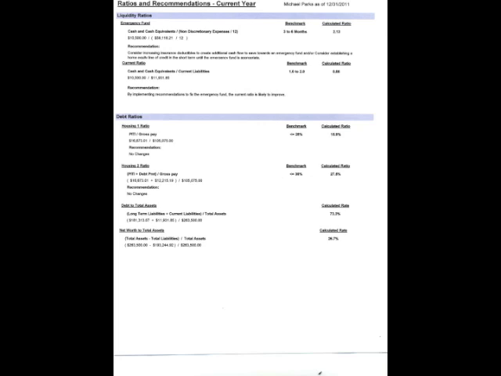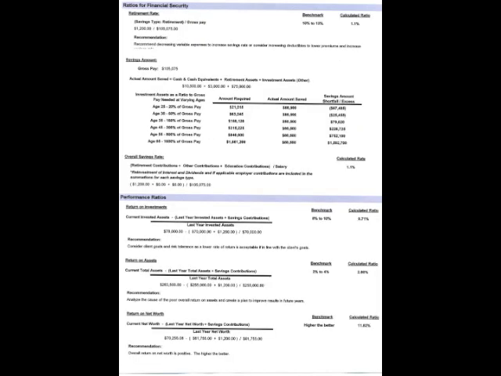Again, at 27.5%, you guys are very safely below that. Down at the bottom, we have some debt to assets and net worth to asset ratios. Again, we talked about the fact that since you're young, you're in that asset accumulation phase. Your debt is going to be high, and that's something we're not too worried about now.